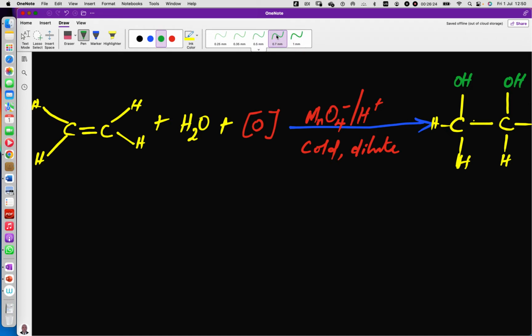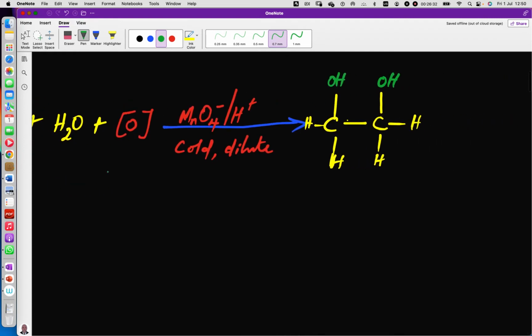Let's name this. This is ethene, and from ethene we can have ethane-1,2-diol.